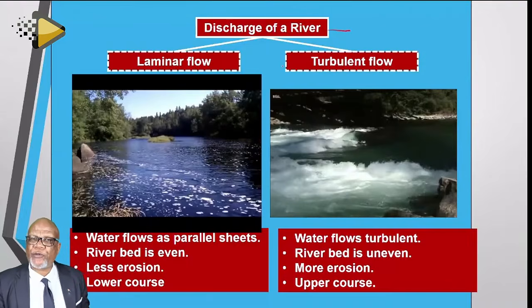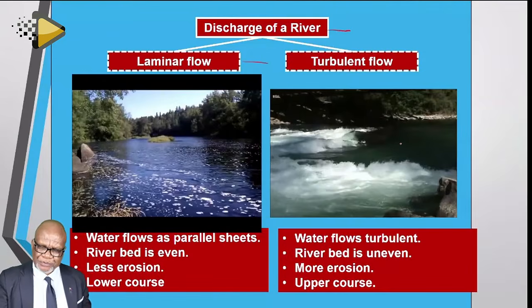Now we have two types of river discharge or flow characteristic, which are laminar flow and turbulent flow. Laminar, water is flowing in layers, flowing on a gentle gradient. And turbulent flow, water is turbulent, it swells like that, and it's flowing on an uneven riverbed.